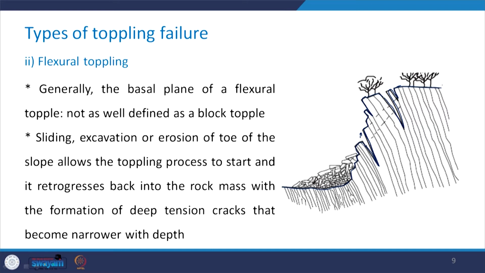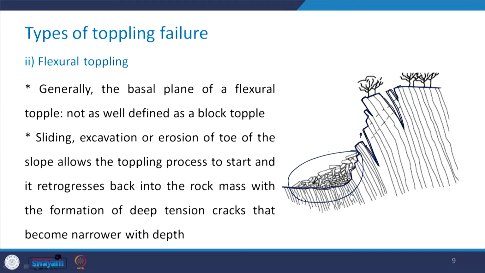Now, in this case the sliding, excavation or erosion of the toe of the slope allows the toppling process to start, and it retrogresses back into the rock mass with the formation of deep tension cracks that become narrower with depth.